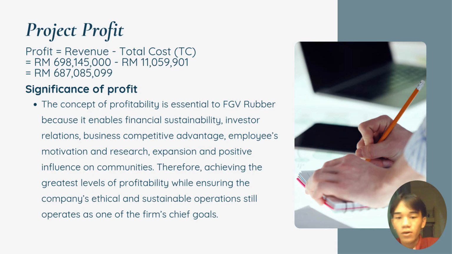After deducting all costs, the project generates a profit of 687,085,099 ringgit. This level of profit is significant for FGV Rubber as it ensures financial sustainability and strengthens investor confidence.